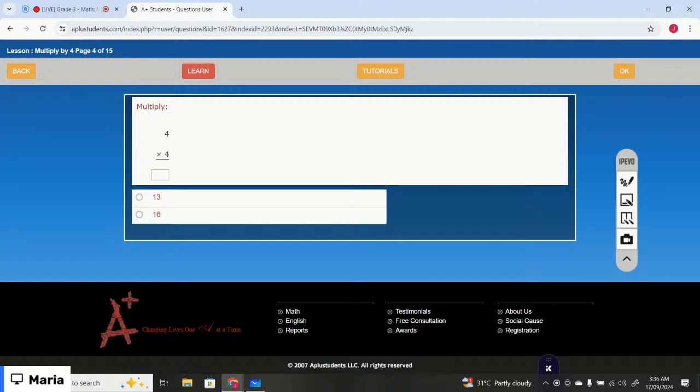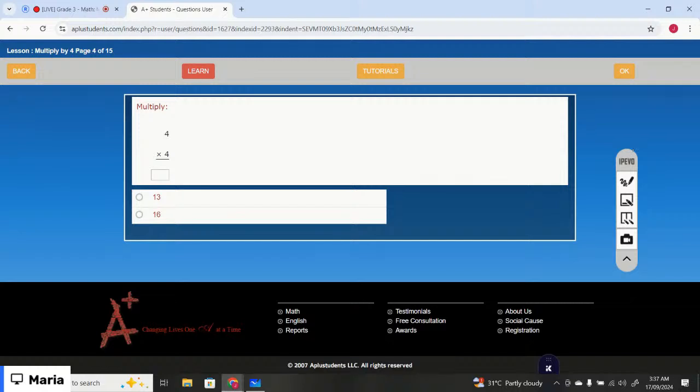4 times 4, which is the correct option? The correct option is 4 times 4 makes 16.